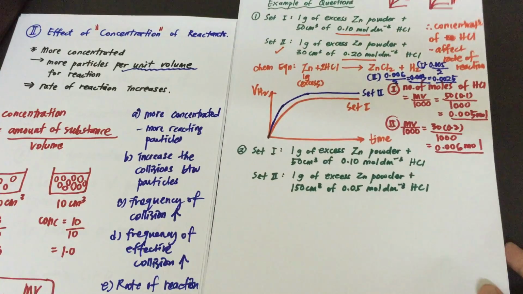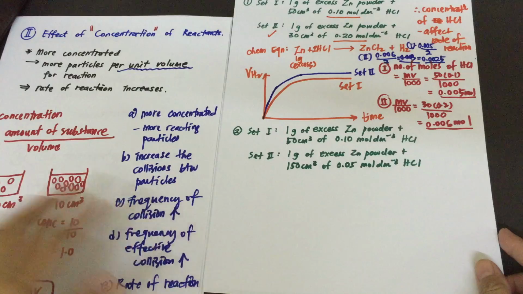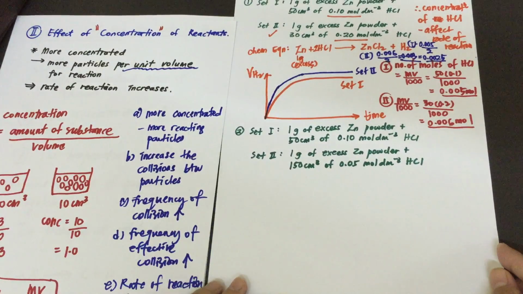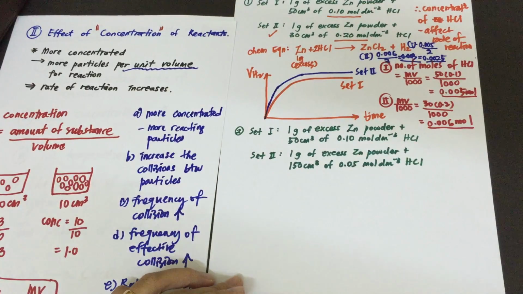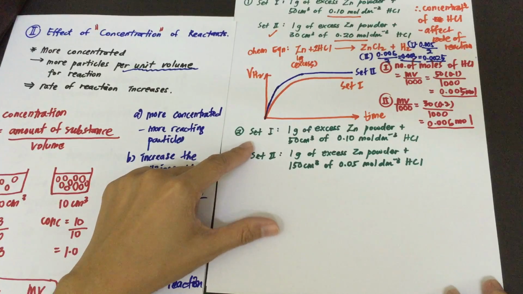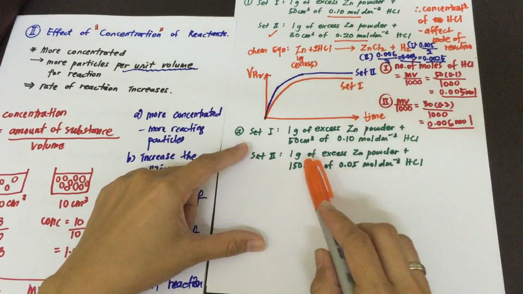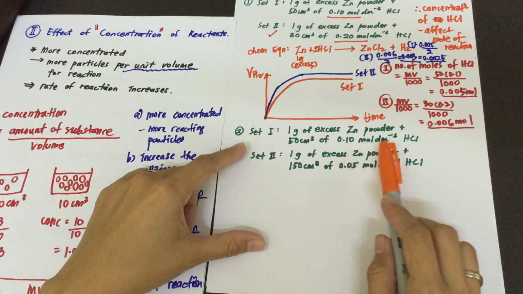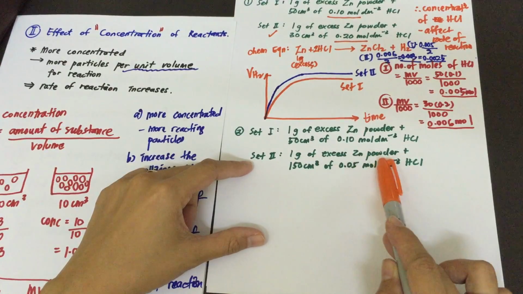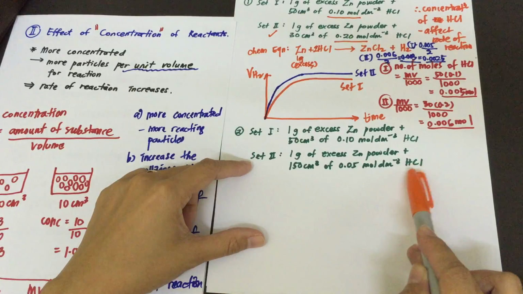So looking at the second example, in order to help students strengthen the effect of concentration of the reactants, our second example contains two different sets of reaction conditions as well, in which the first set contains 1 gram of excess zinc powder, reacting with 50 centimeter cube of 0.1 mole per decimeter cube of HCl, while the second set also contains 1 gram of excess zinc powder with 150 centimeter cube of 0.05 mole per decimeter cube of HCl.